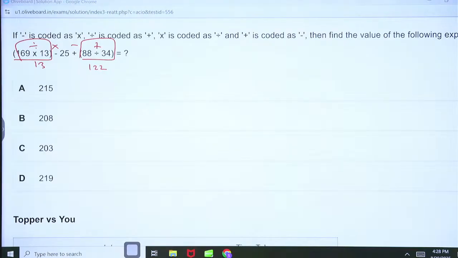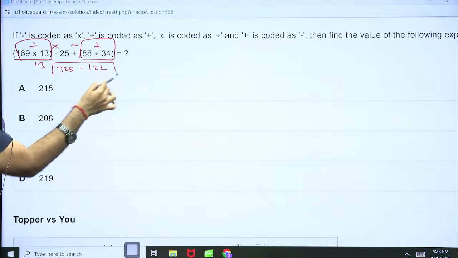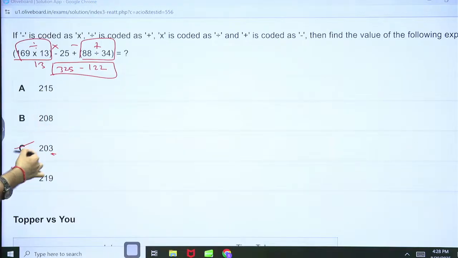And 13 into 25, 13 into 20 is 260 and 65, 325 minus 122, 203. Option C is the right answer. Cool.